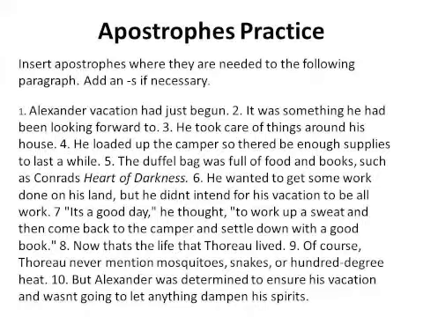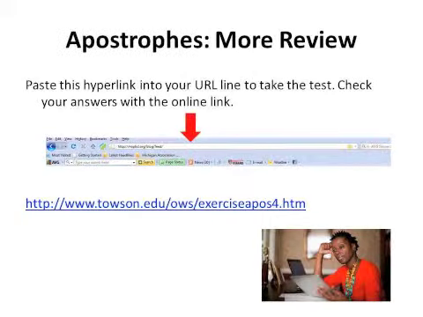Wasn't is a contraction, and you need N apostrophe T. Take this interactive test for more apostrophes practice.